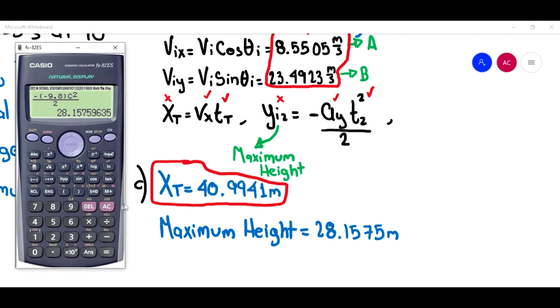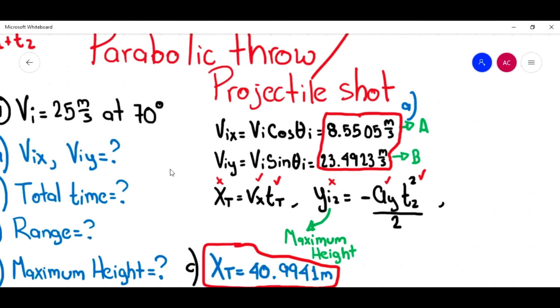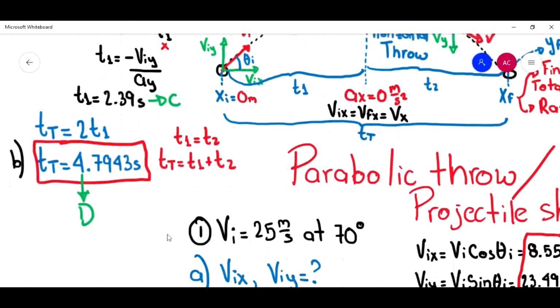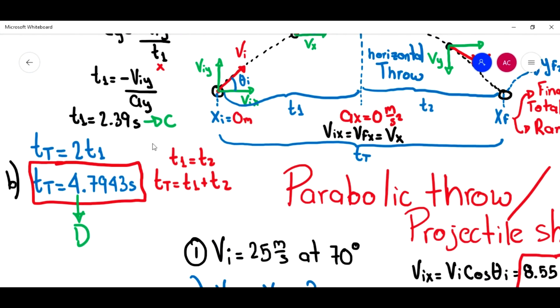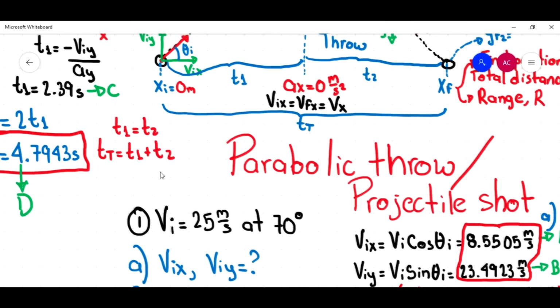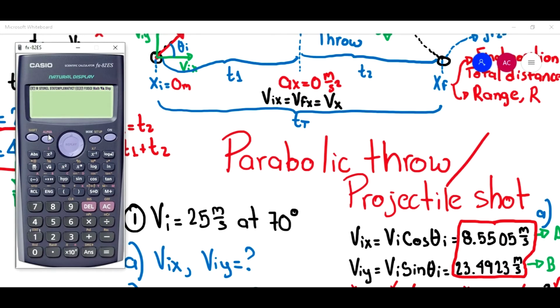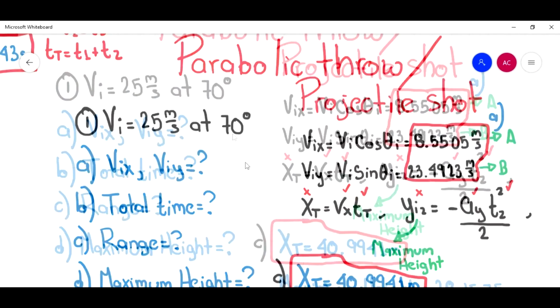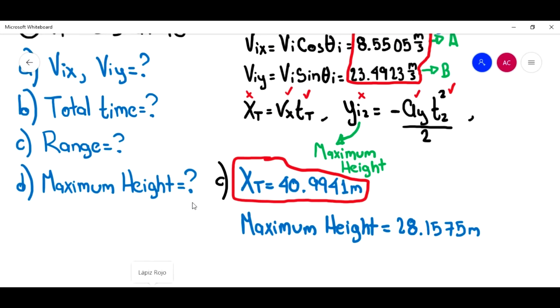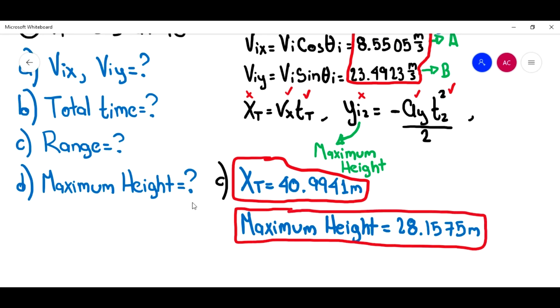I just want to check what I got in C, yes, it's 2.39, and I just want to test it against alpha V, what I got in alpha V, over 9.8. Okay, I just wanted to be sure. So I'm going to circle this one, and this is letter D.